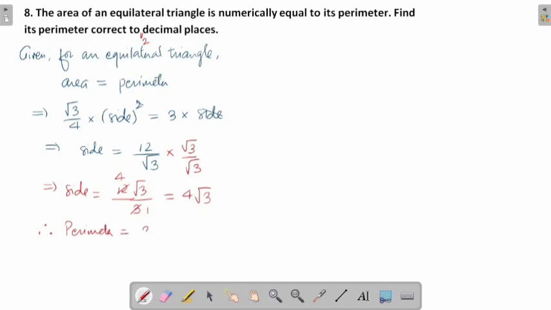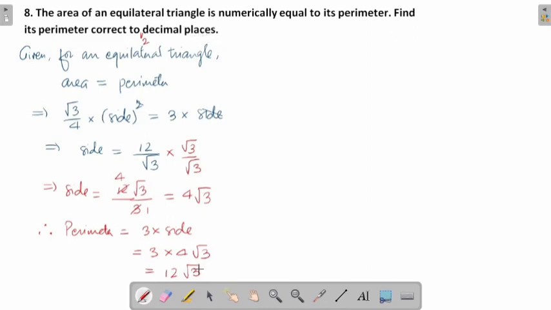Perimeter equals 3 into side, that is the formula. Side is 4 root 3, so 4 3s are 12, so it is 12 root 3. This is the value of your perimeter, but you have to find your perimeter correct to 2 decimal places.